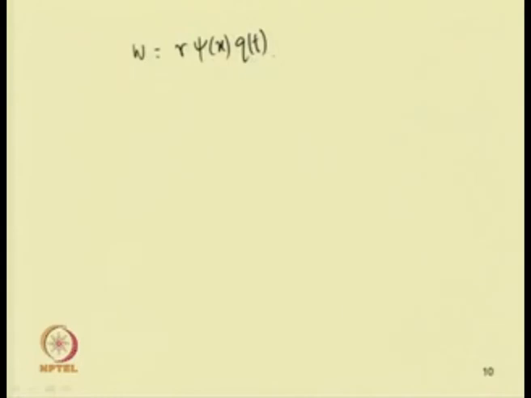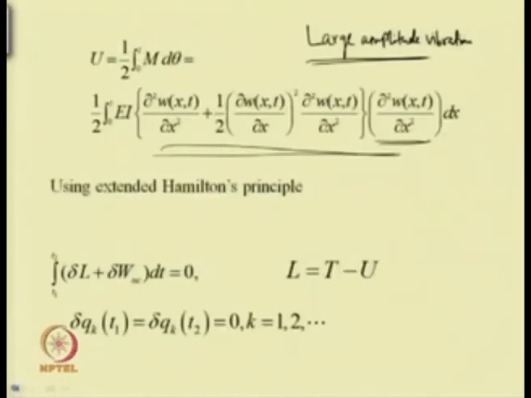By using this equation in kinetic energy, potential energy, and finally in the Hamilton principle, one can derive the temporal equation of motion by applying the Galerkin principle. The use of Galerkin principle has been discussed in the last class. So, one can use that principle to derive the equation of motion.